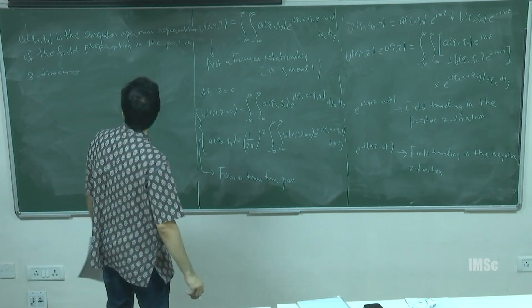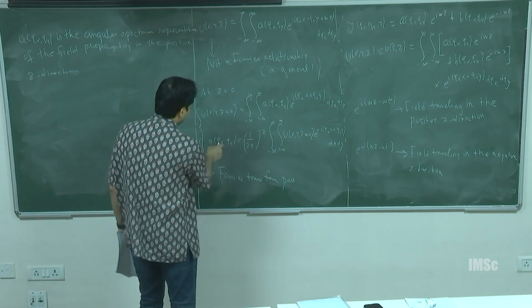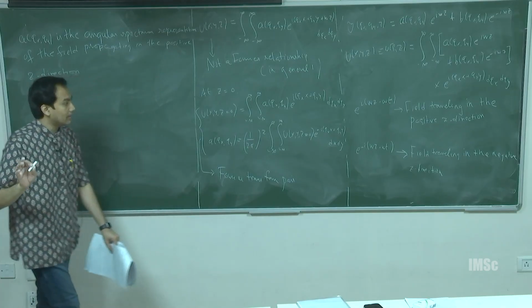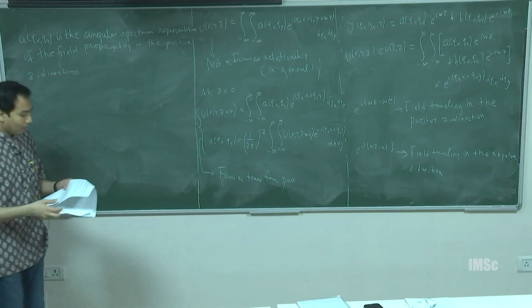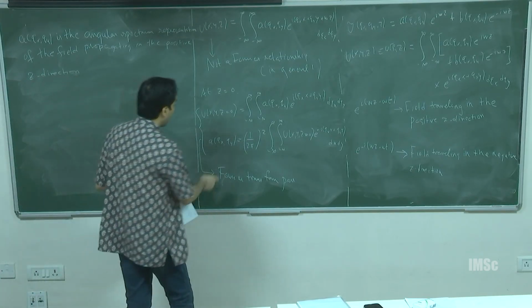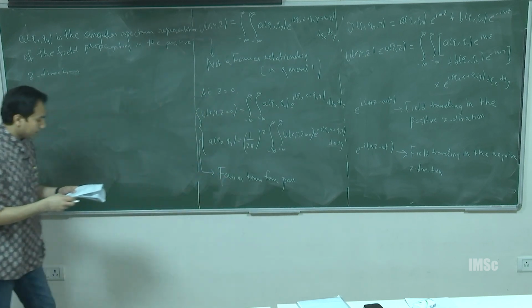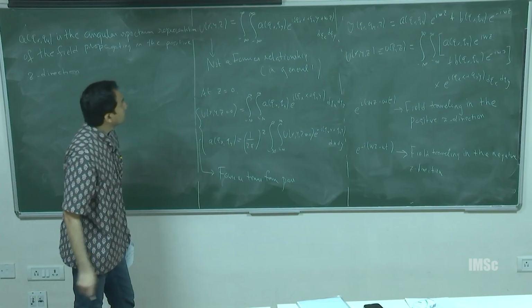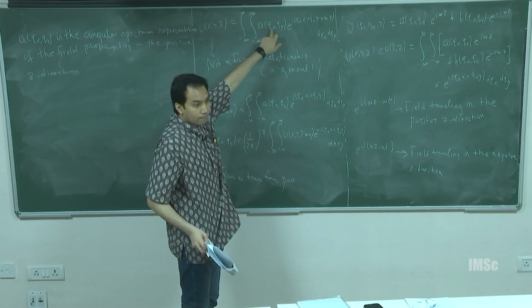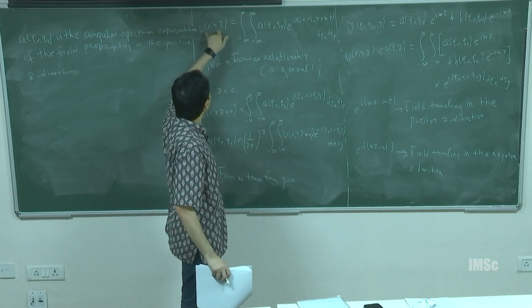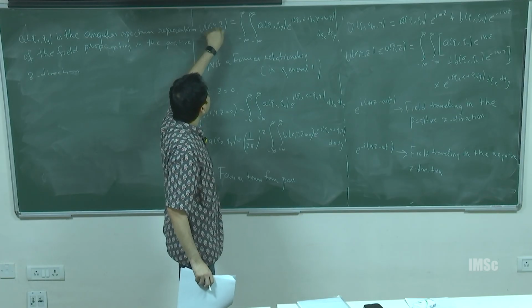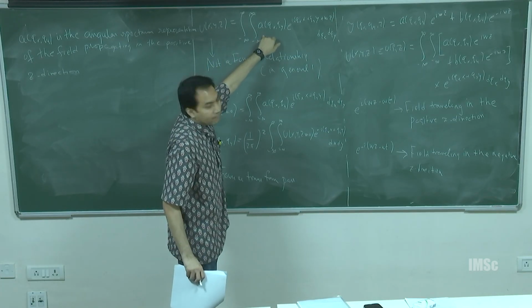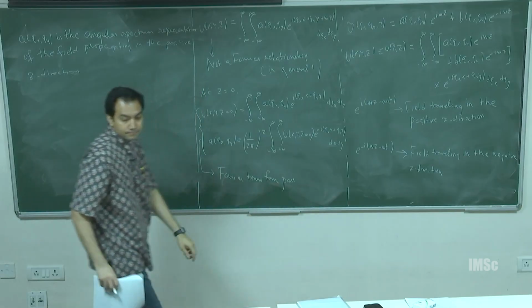Please note that A of qx, qy, the angular spectrum, does not depend on z. So once we know A of qx, qy, we can calculate the field for arbitrary z, because we have a direct relationship between u at x, y, z and the angular spectrum.